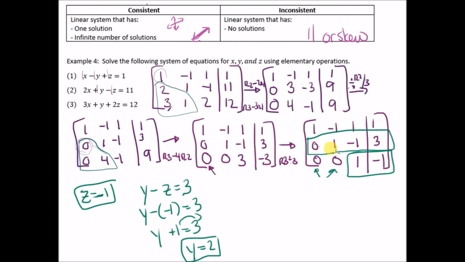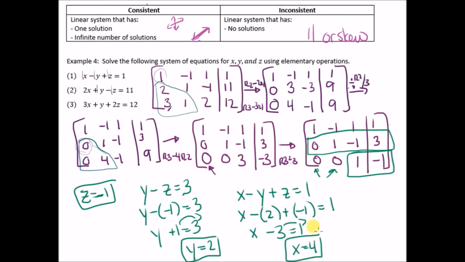Okay, so we're actually able to build and solve for one unknown each time. Okay, and then we have x minus y plus z equals 1, or x minus 2 plus -1 equals 1. -2 minus 1 is -3. Bring that over, x equals 4. Okay, so therefore, the point of intersection is 4, 2, -1.